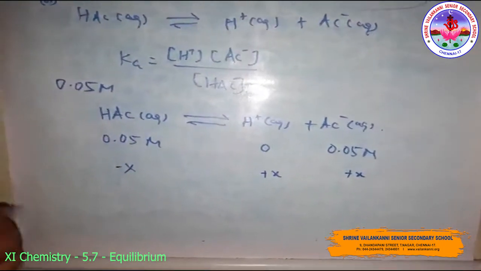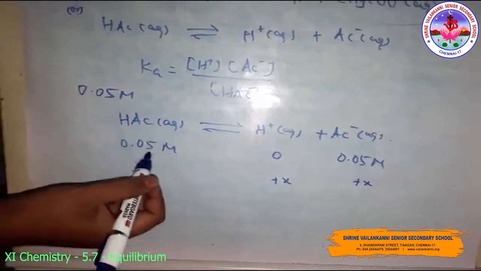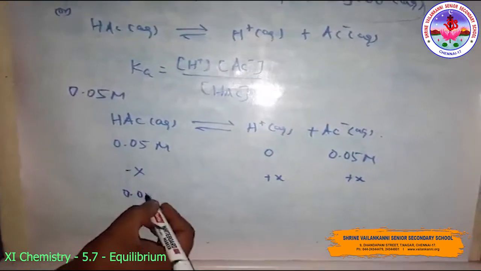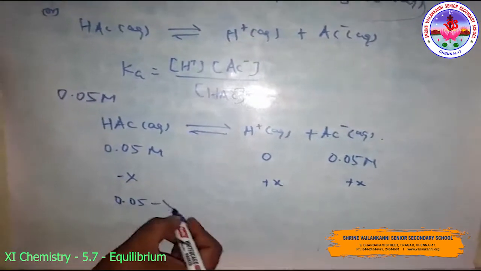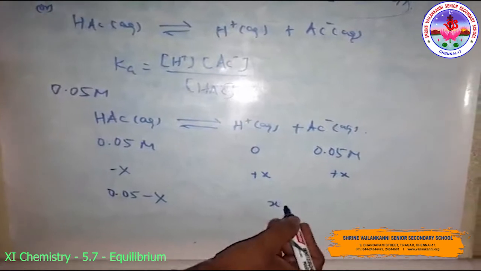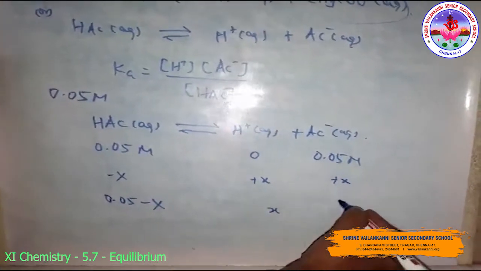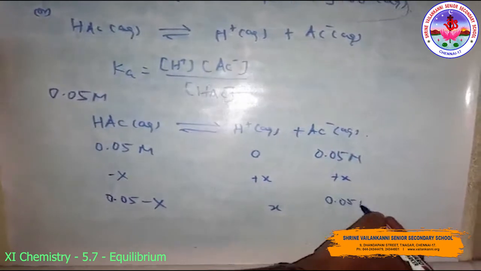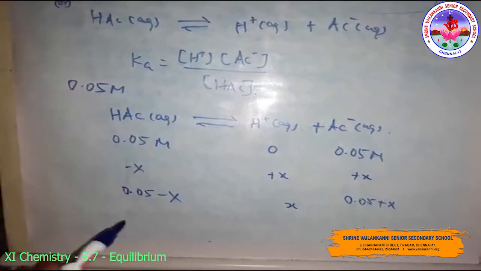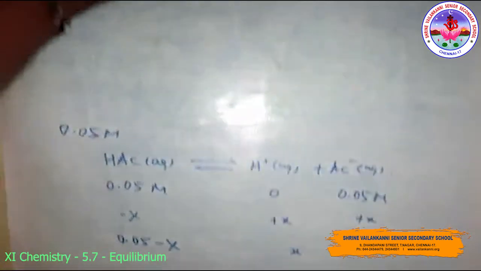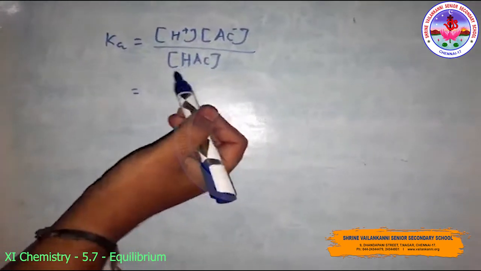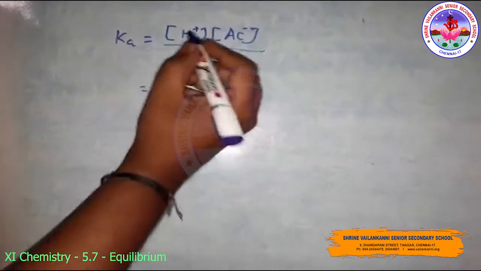So the equilibrium concentration of HAC is 0.05 M minus x, for H plus it is x, and for acetate it is 0.05 plus x. Now the Ka for this reaction is equal to the concentration of H plus times the concentration of AC divided by the concentration of acetic acid.